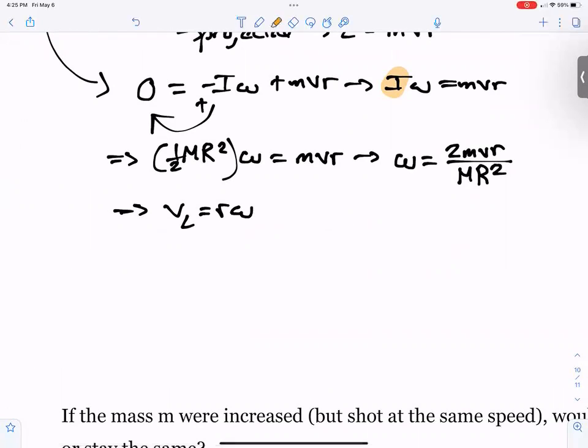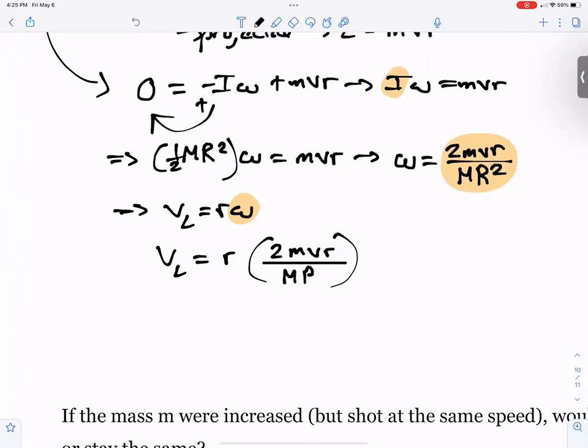So we are going to substitute that right there. And v of the launcher will be R times 2 m v r over M R squared. And so v of the launcher would be 2 m v r squared over big M, big R squared.